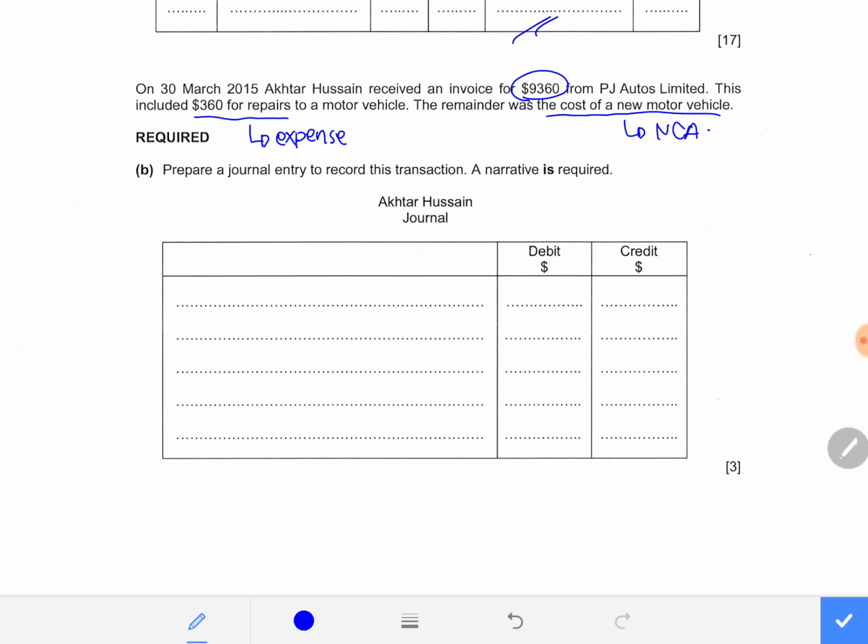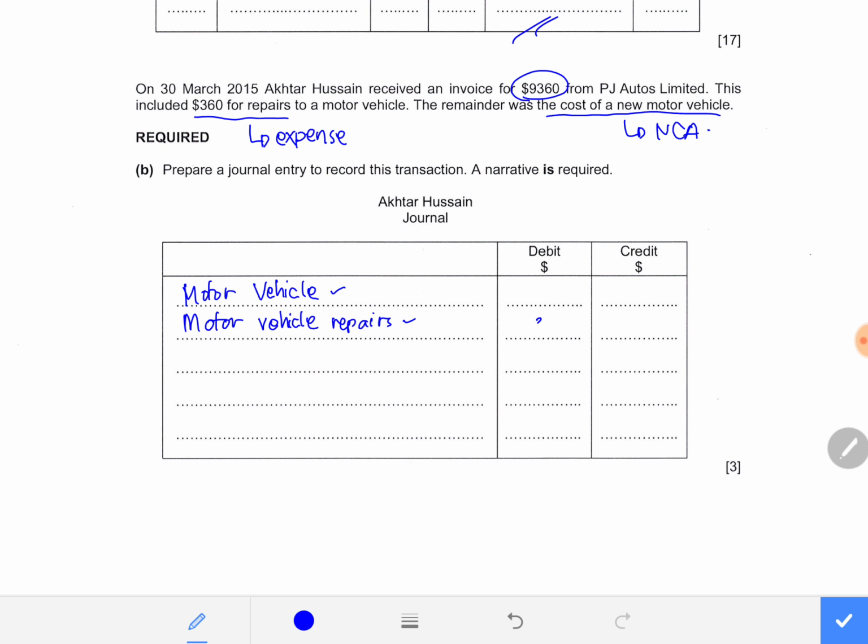Meanwhile, a new motor vehicle is considered a non-current asset. So how to make the journal entry? First, you put motor vehicle, because your motor vehicle is increased, you purchased a new one, and then motor vehicle repairs. So this represents an asset, this represents an expense.